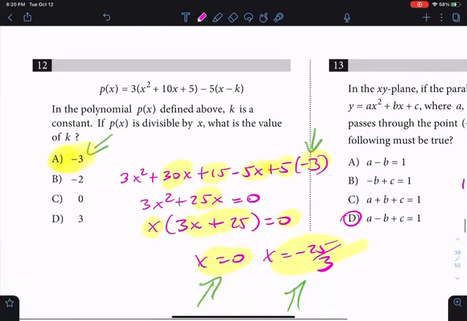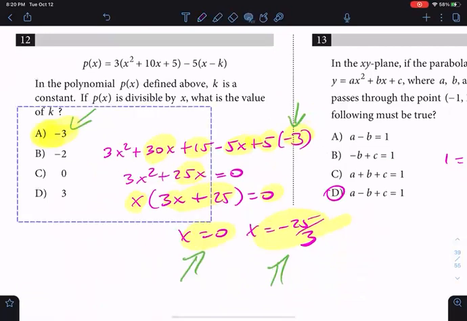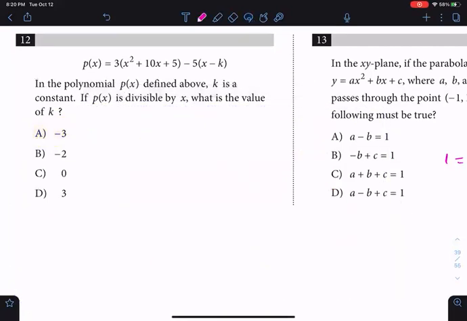Next. This thing. There's too many ways to do this problem. I think in your answer key they said they expand this and they did this minus k. Since we're looking for k, they said it equal to 0.